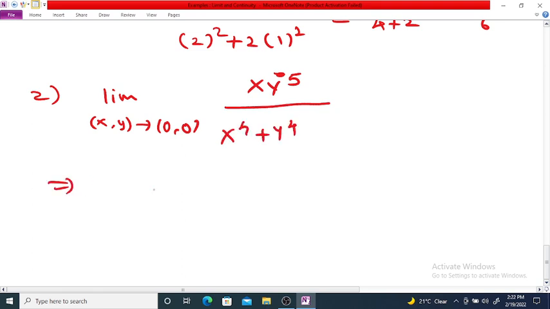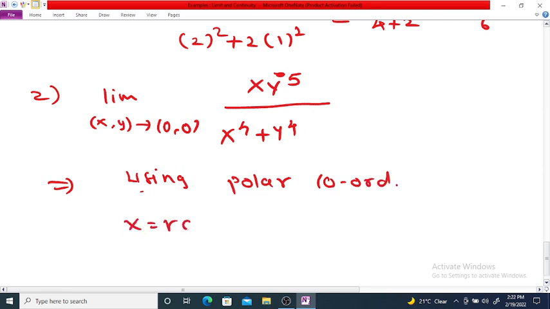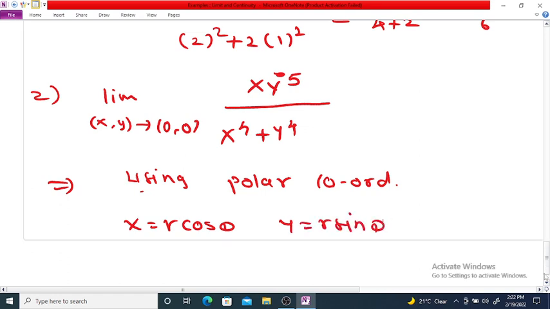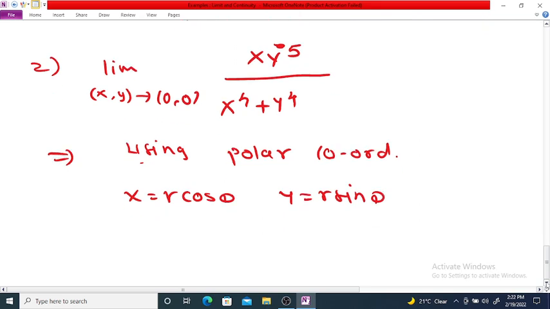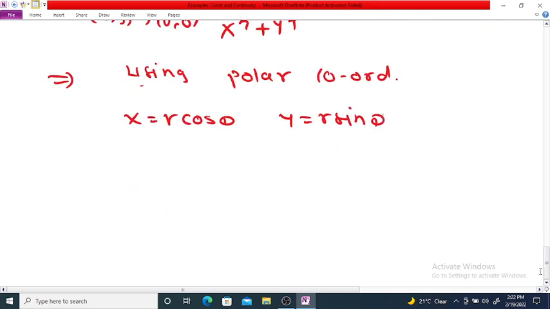Using polar coordinates, x is equal to r cos theta, y is equal to r sin theta, and x square plus y square is equal to r square.